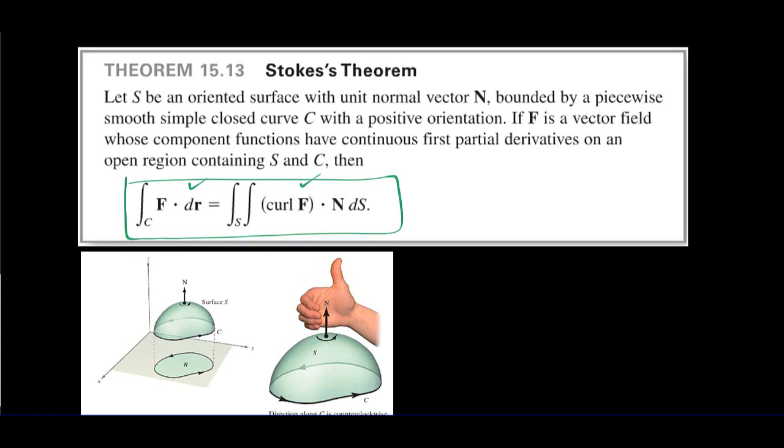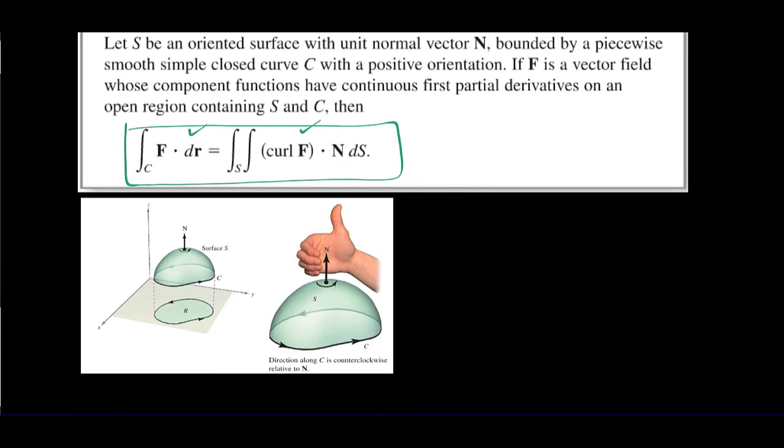Now, remember, it says that it's oriented in the positive direction. Sometimes you might have a little bit of difficulty when you're dealing with these three-dimensional things, or when you're dealing with a surface and you're trying to determine if the curve is positively oriented. Well, here's a helpful illustration.